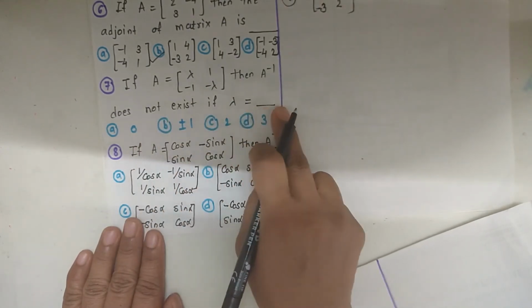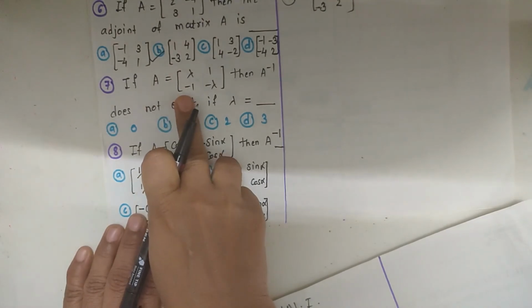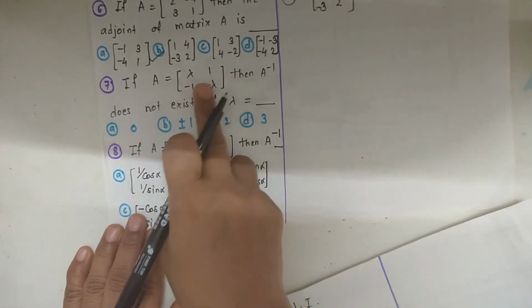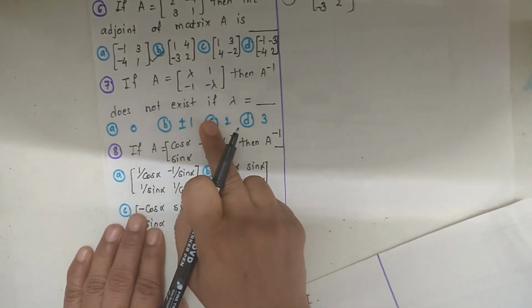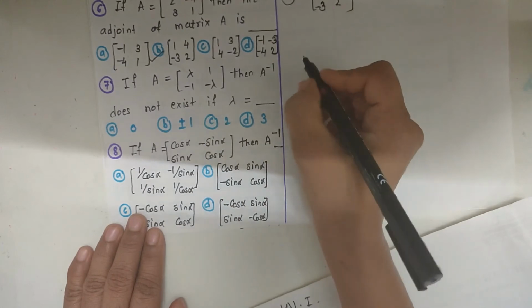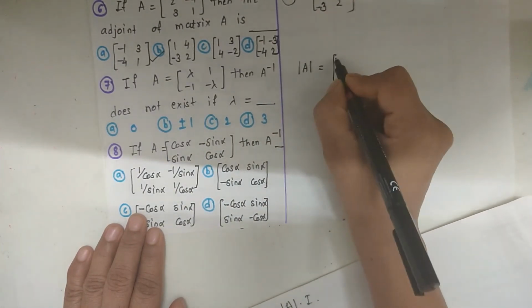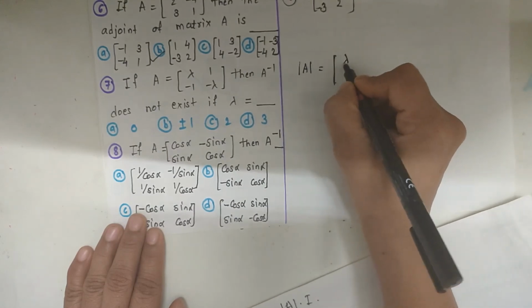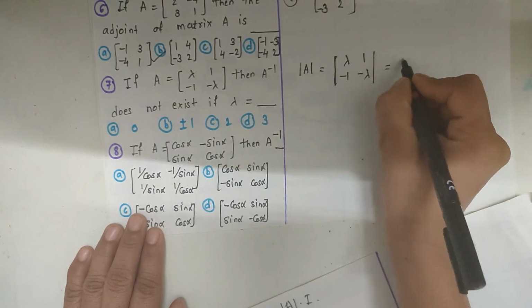Now the next example: if A is equal to the matrix, then A inverse does not exist if lambda is equal to. Here A is the matrix with elements lambda 1 and -1 minus lambda. We know that the inverse of any matrix does not exist if the value of its determinant is equal to 0. So consider the determinant of A, which is the determinant of the given matrix, lambda 1 minus 1 minus lambda, equal to 0.